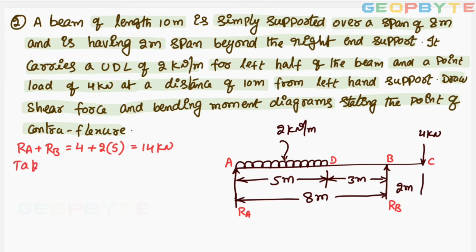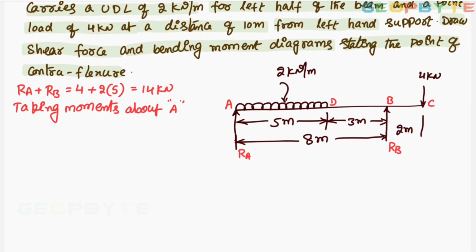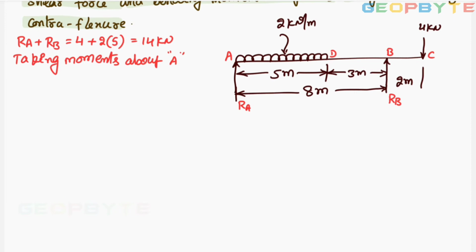Now to find RA and RB separately, I am taking the moments about A. With respect to A, the reaction is developing the anti-clockwise moment, whereas loads are developing the clockwise moments.